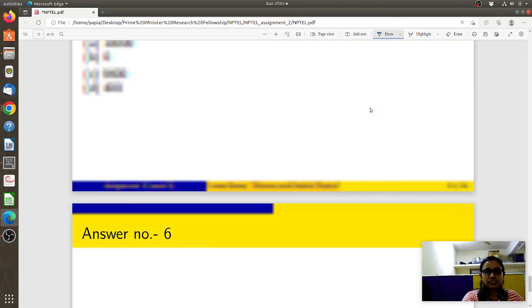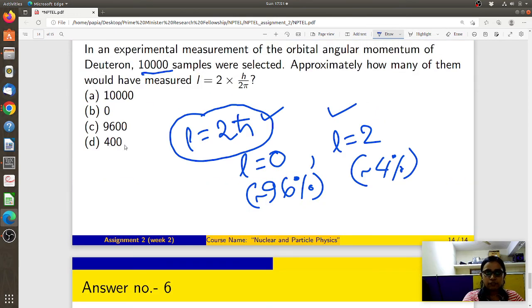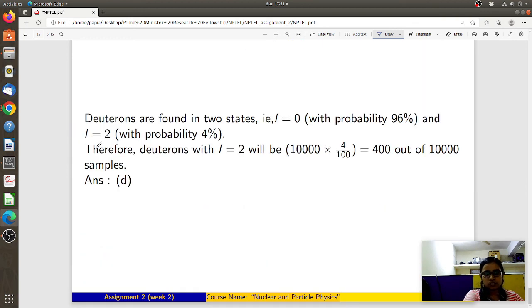That means if I measure the orbital angular momentum of these systems, the output will be 2 h bar for 400 systems among 10,000 samples.